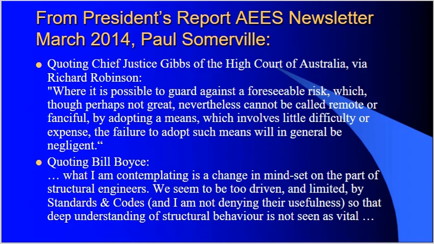He quoted Chief Justice Gibbs of the High Court of Australia, who made the point that where it is possible to guard against a foreseeable risk, which though perhaps not great, nevertheless cannot be called remote or fanciful, by adopting a means which involves little difficulty or expense, the failure to adopt such means will in general be negligent.